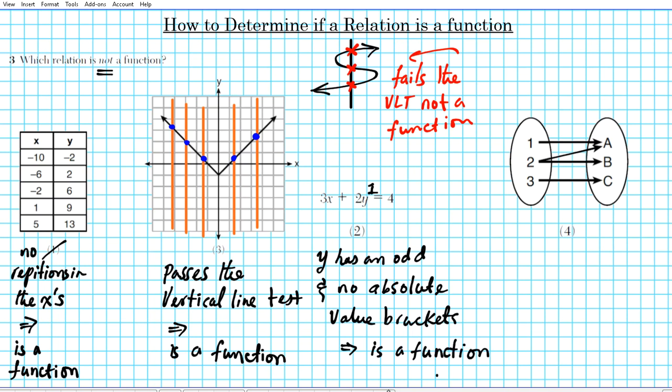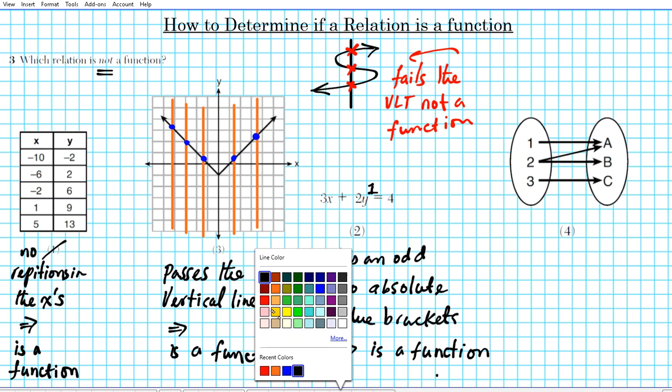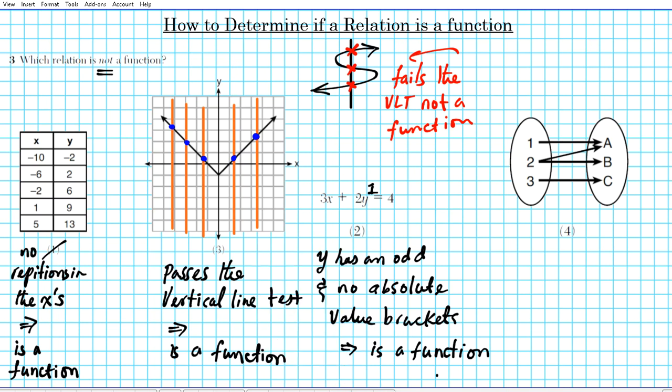Let me show you an example of relations in equation form that are not functions. For example, you have y to the 100 plus x equals 4. This is not a function because the power of y is even. Or if you have x equals the absolute value of y plus 3, let me write that again.